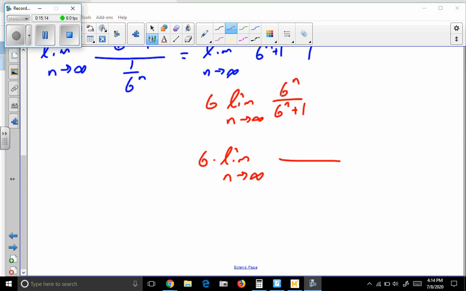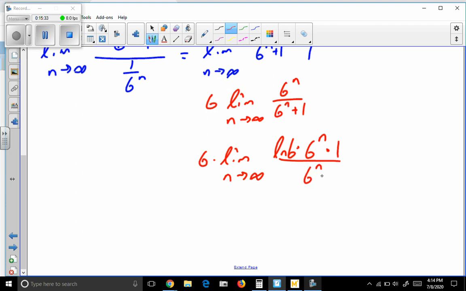When we take the derivative here, instead of being e to the u, it's 6 to the u. So like e to the u, it's our base to the n power times the derivative of the exponent. Since our base is not e, we pick up a natural log of our base. Same thing on bottom.